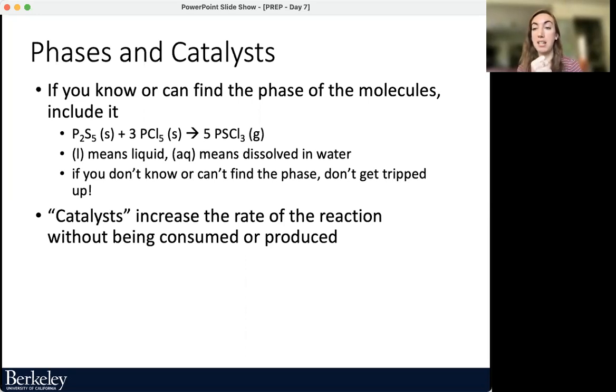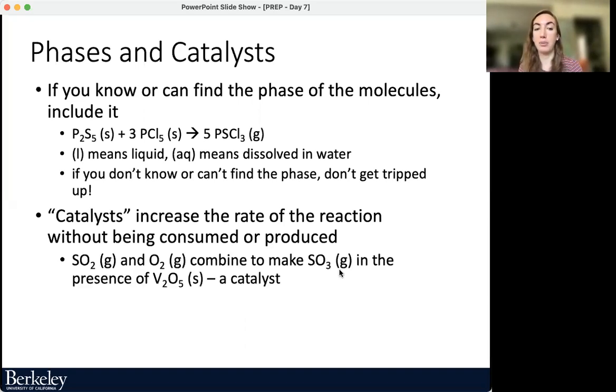Just by being there, they don't participate. They're not consumed, they're not reacted, and they're not produced, but they speed the reaction up. So for example, SO2 and O2 combine to make SO3, but only in the presence of this catalyst.